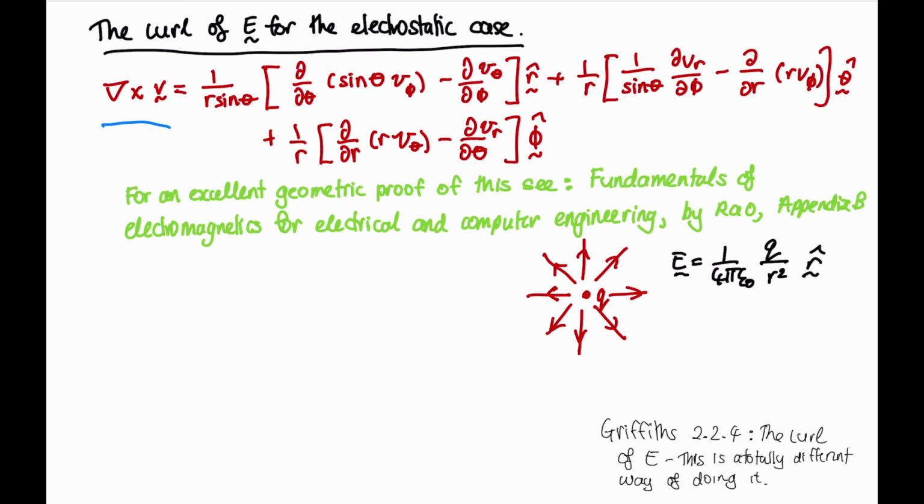Okay, so we've got our equation here for the curl, and let's start by just considering a single charge Q. We know that for the electrostatic case, the electric field given by this charge can be written in this manner here, which we've been doing throughout this section. So this is a radial charge where all the field lines are radiating out from the particle.